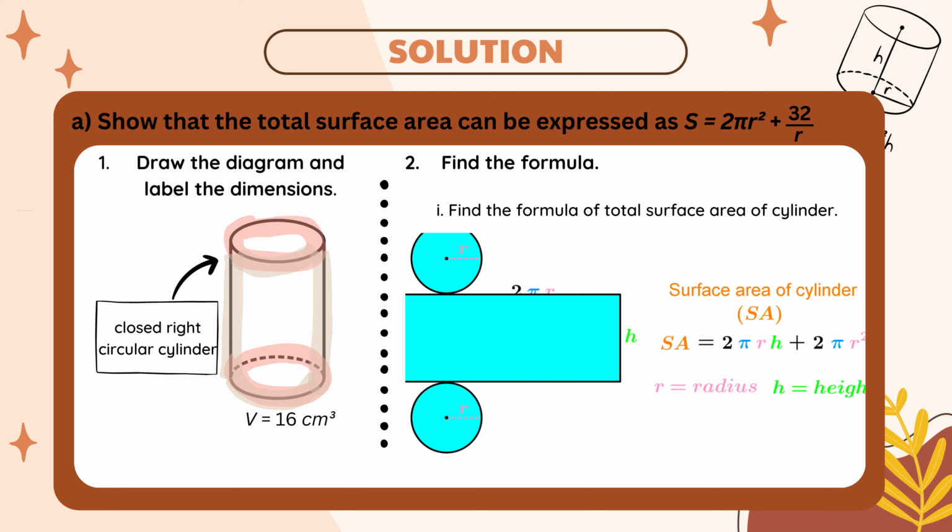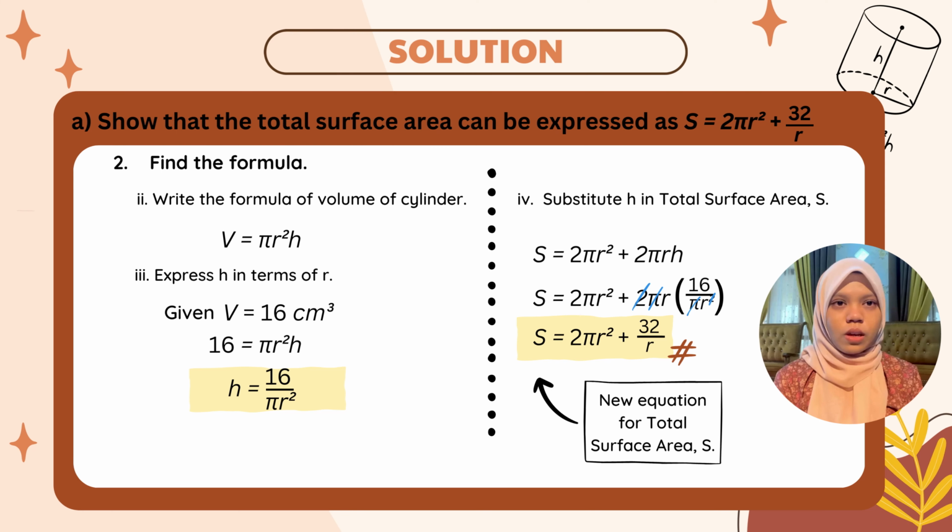The first step is, we need to draw the diagram and label the dimension. Next, we need to find the formula of total surface area of a cylinder. The formula is SA equals 2 pi rh plus 2 pi r squared, where r is the radius and h is the height. Next, write the formula of volume of a cylinder, which is V equals pi r squared h.